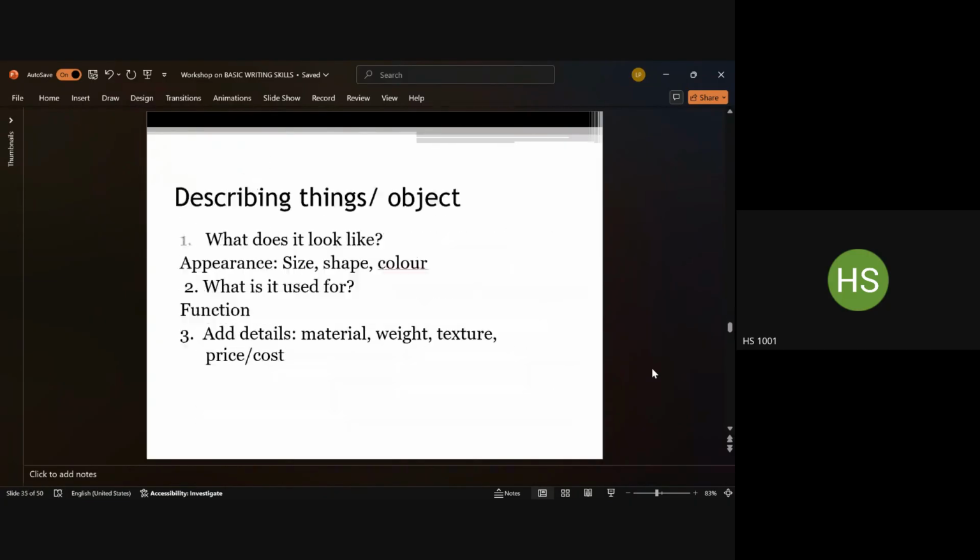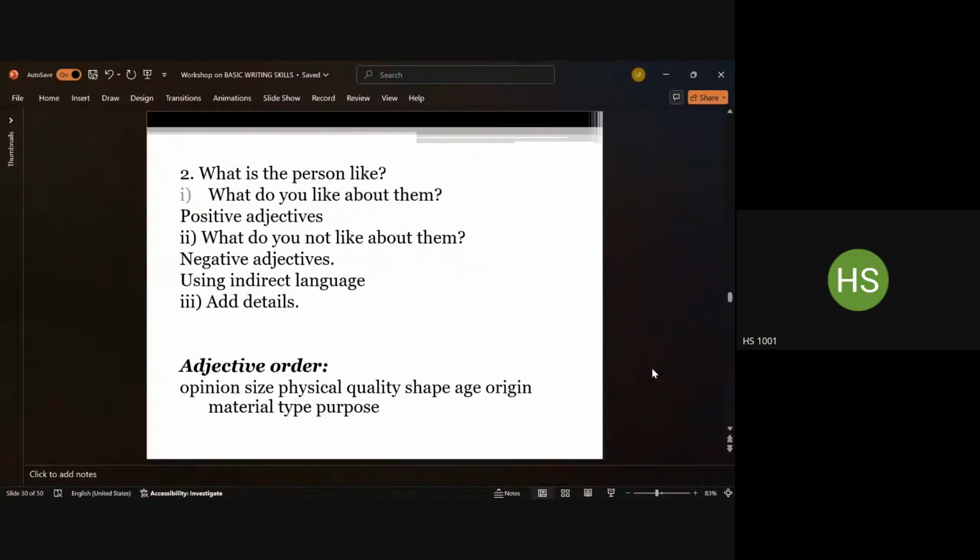Now, I think in this slide you saw something like the adjective order, right? So when you are describing something, whether that's a place, person, or thing, you are allowed to use more than one adjective to talk about that particular person, place, or thing. But when you do that, you have to ensure that the adjectives follow a certain order, right?